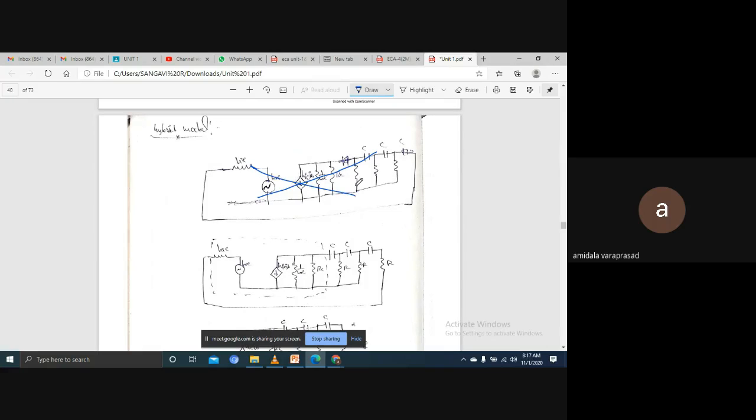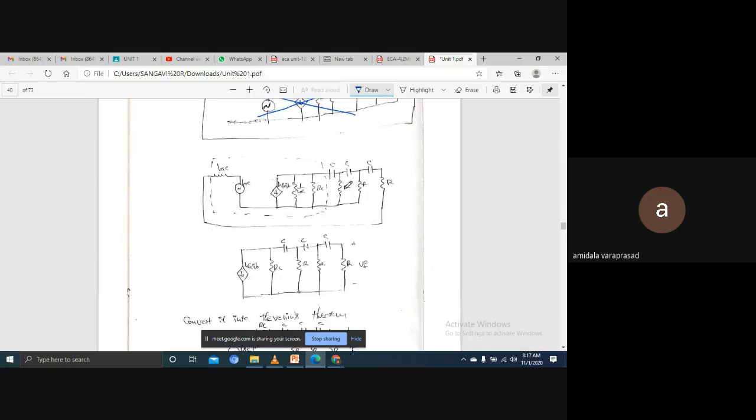Same thing you can draw here: capacitor and resistor, capacitor and resistor, capacitor and resistor. We need only the output side, this one. This one I'm going to consider.